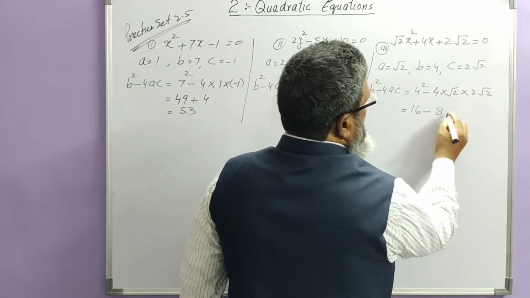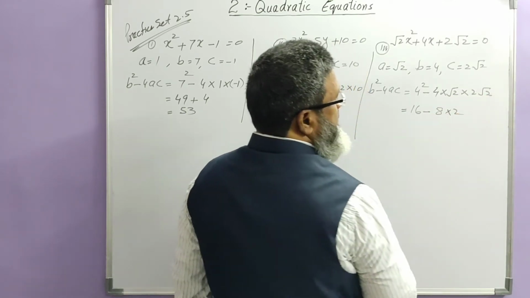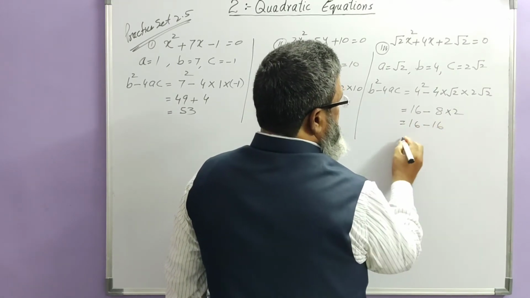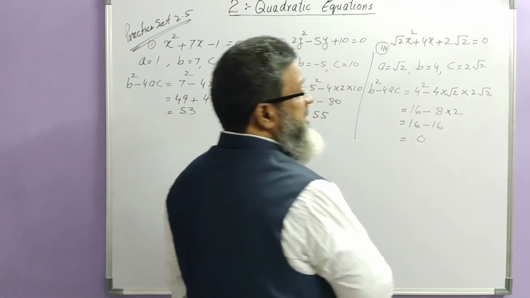Root 2 into root 2 is 2. Means 16 minus 16 is equal to 0.